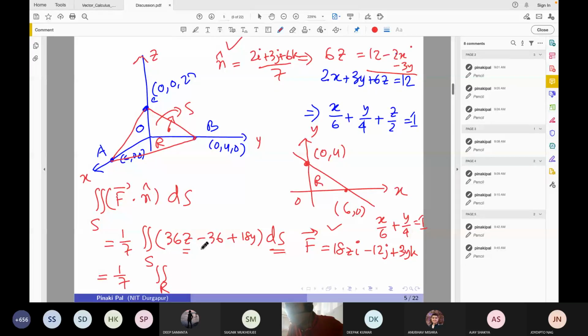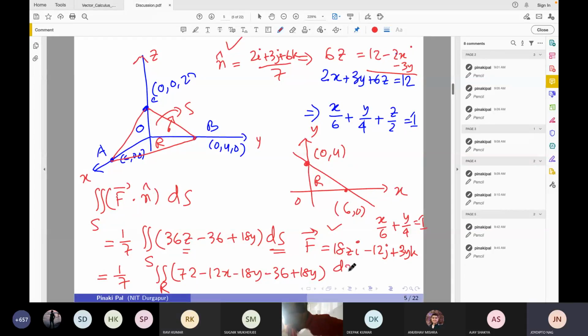So this 36z will be multiplied by 6: 72 minus 12x minus 18y, and minus 36 plus 18y. 24 is the answer. Yes, correct. Very good.